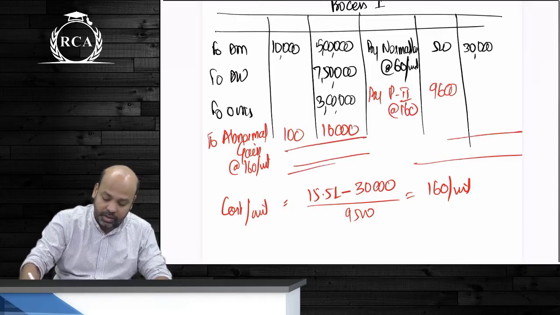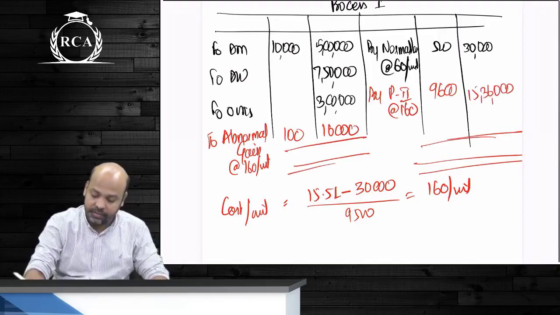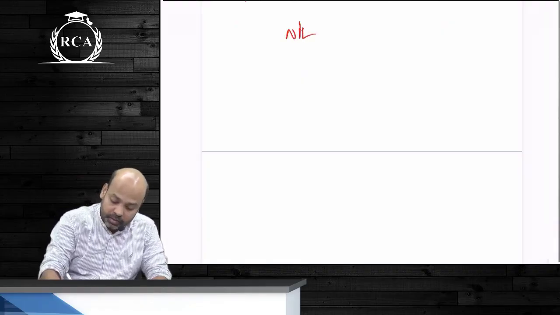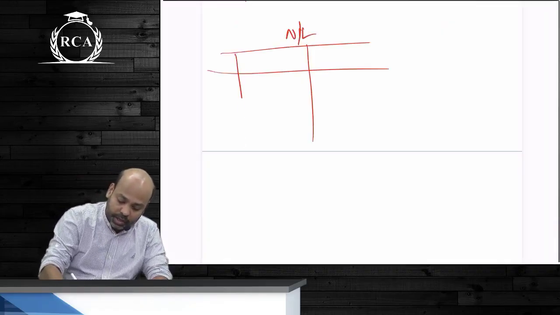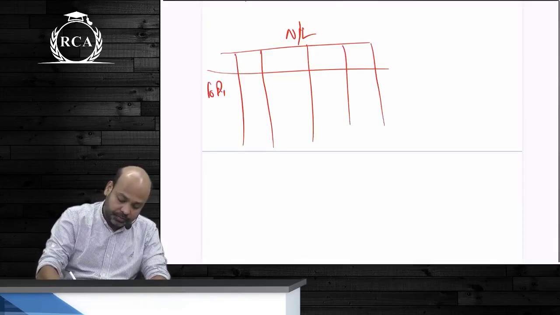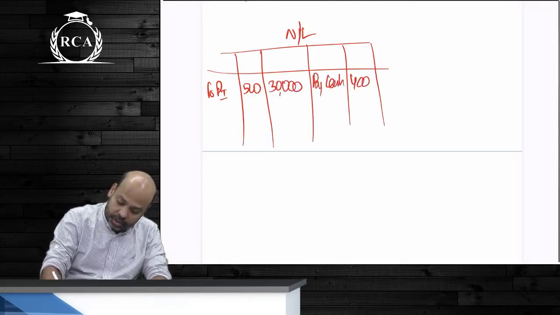How much does 16 come to? 15 lakhs 36,000. But when I prepare normal loss account, guys, I know that I will not get scrap value of how many units? 500 units came from there, guys. I will be able to sell how many units? 400 units only.